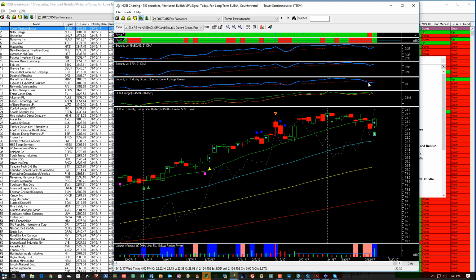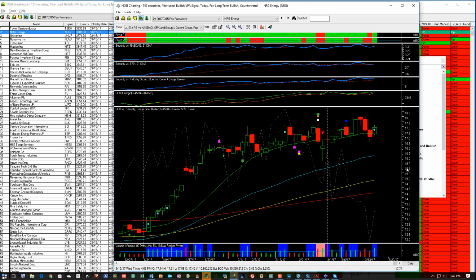So anyway, it's underperforming its industry group. It's underperformed the SPX, and it's underperformed the NASDAQ. But notice that it's turning up today, and the force indexes both went positive. So this is the kind of setup that I'm looking for with this counter trend.